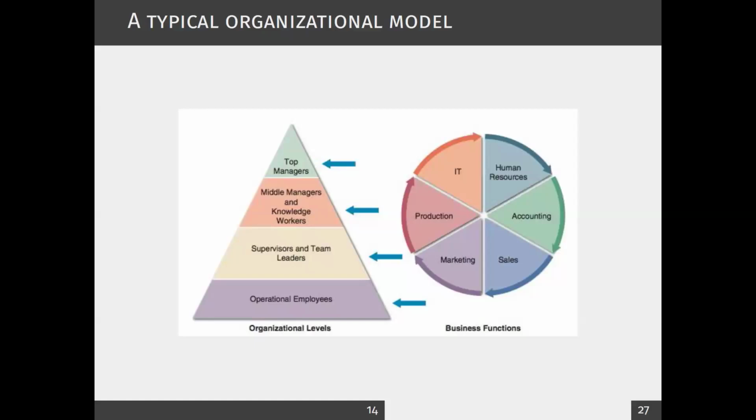So HR does that. Then accounting, profit and loss, sales, marketing, production, IT. These are different functions, and how they map to organizational levels depends on our requirements; you can see it will map into different places.